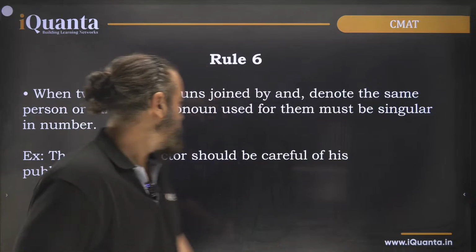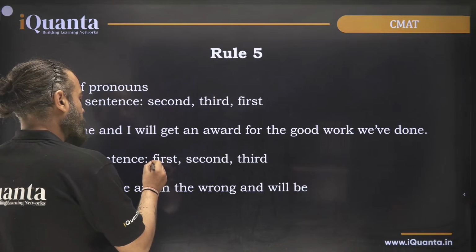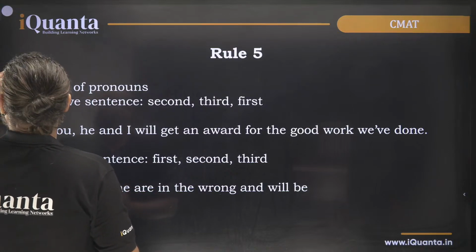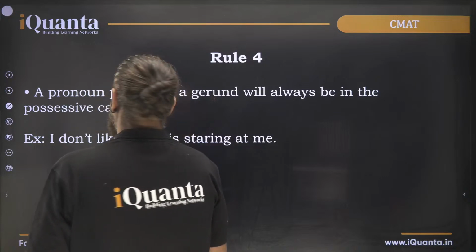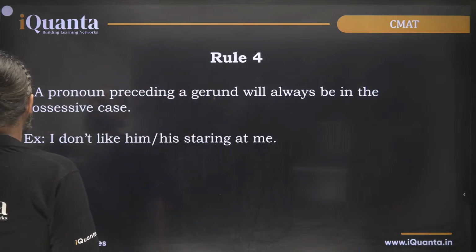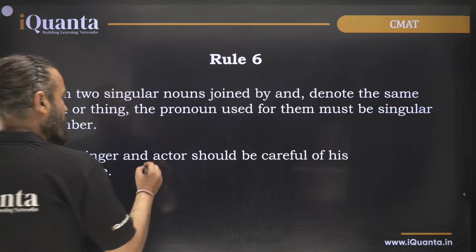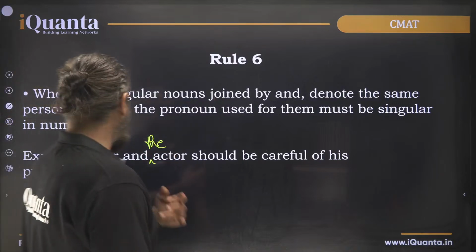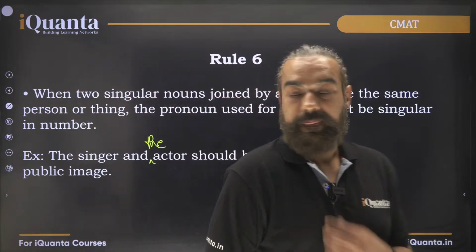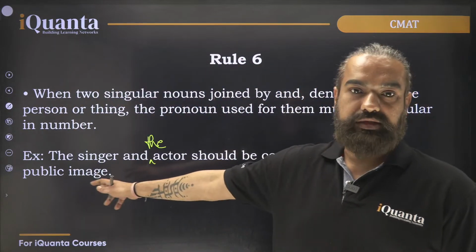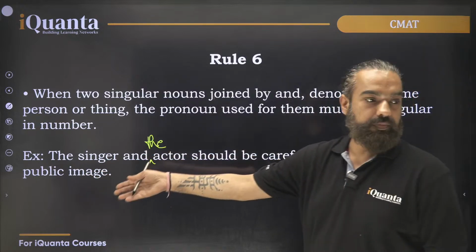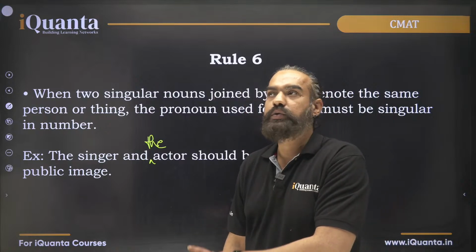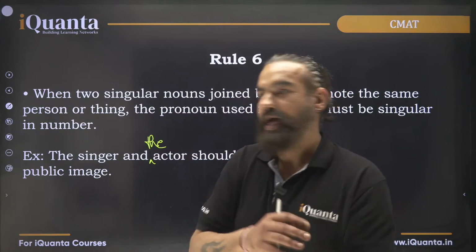Had there been two people, I would have said the singer and the actor should be careful of his public image. Now, the moment I say the singer and the actor, I'm clarifying that there are two people. But if I say the singer and actor, there is only one person who is the singer as well as an actor.